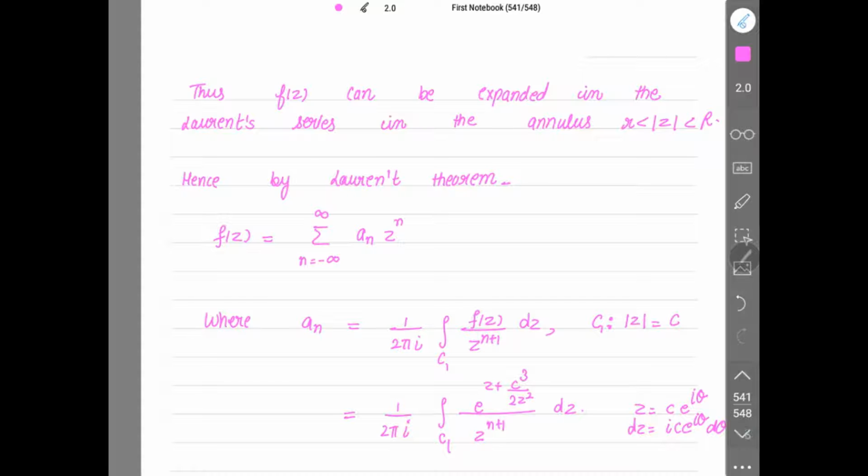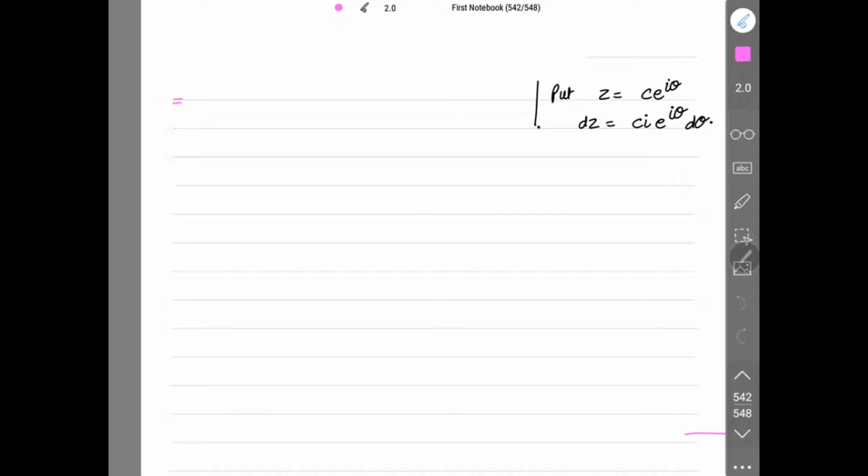Let's put the values of z. So this is equal to 1 over 2 pi iota integration from 0 to 2 pi, because now we are using the polar form of z. So this is e raised to the power, instead of z write c e to the power iota theta, plus c cube over 2z square.